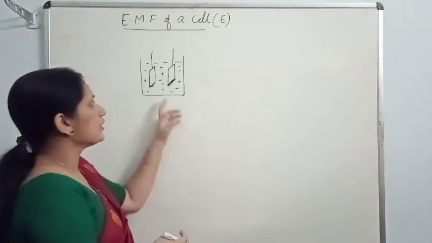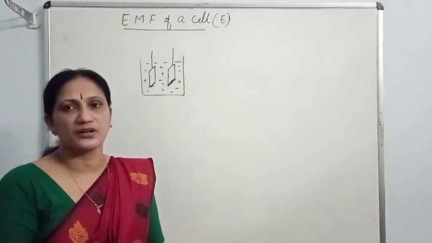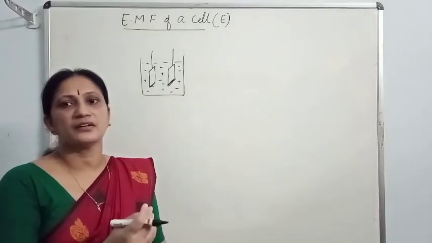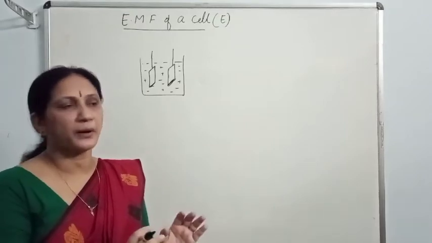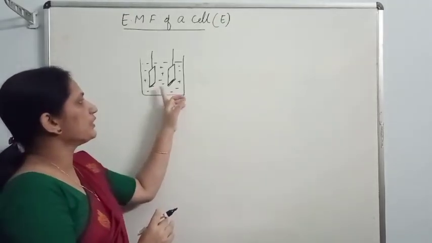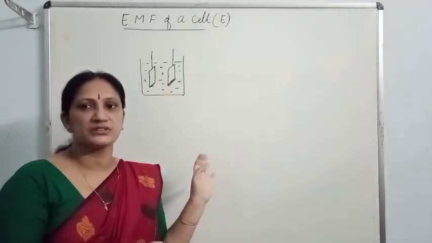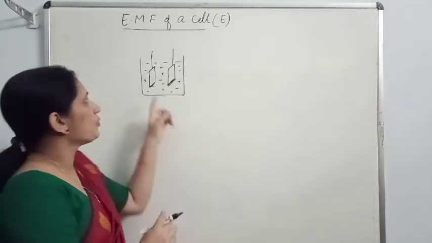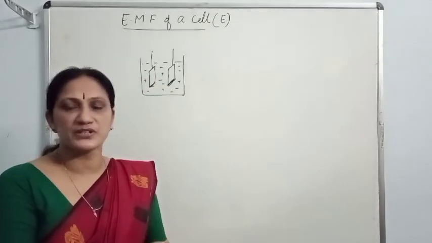On the other hand, positively charged ions move towards the other electrode and there they are gaining electrons. In total, due to the working of negatively and positively charged ions, one electrode will gain electrons, one electrode will lose electrons.